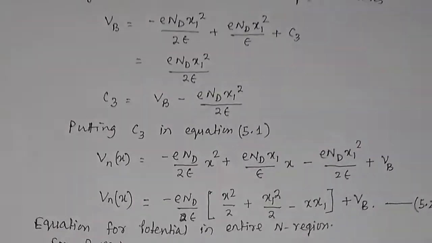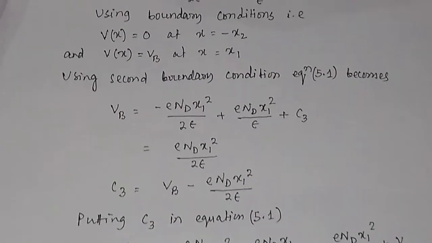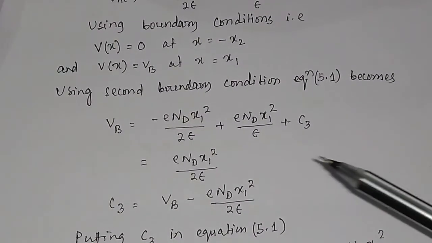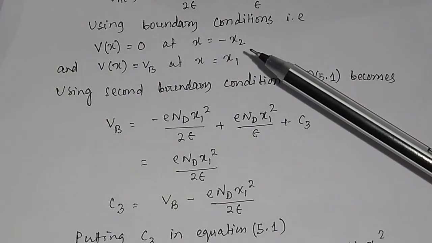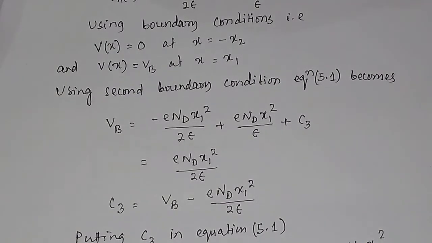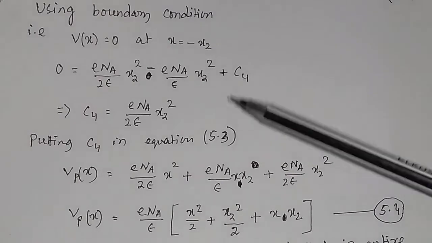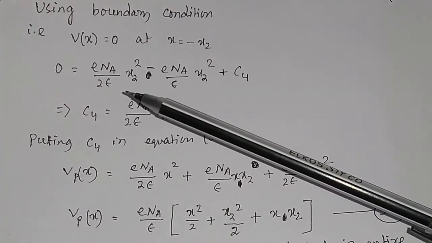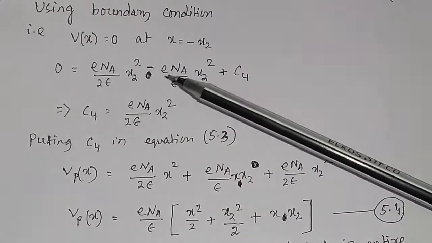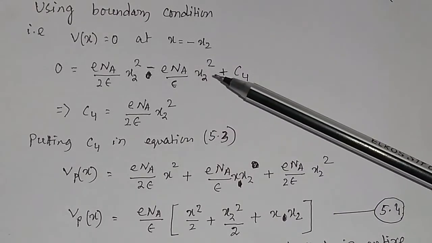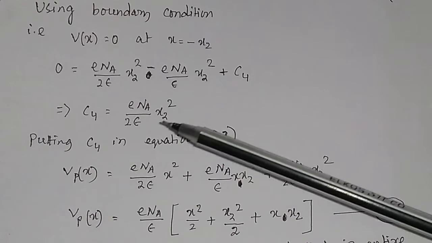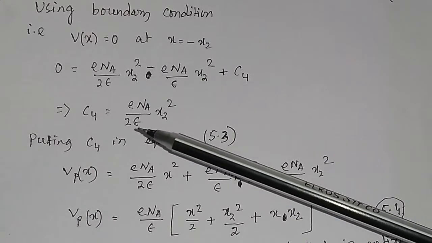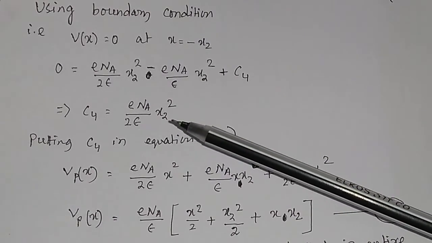As I have told you, if you use the boundary condition, that is Vx equal to 0 at x equal to minus x2, then you will get this equation: 0 is equal to E Na divided by twice epsilon x square minus E Na divided by epsilon x2 square plus C4, and you calculate the value of C4, E Na divided by twice epsilon into x2 square.